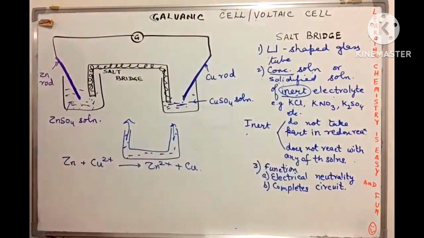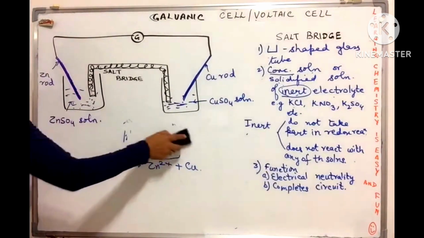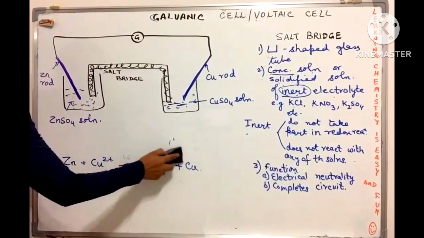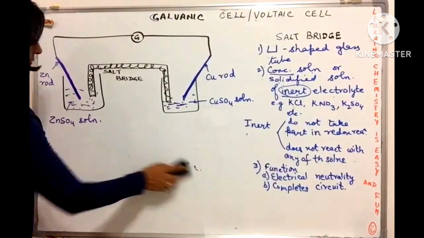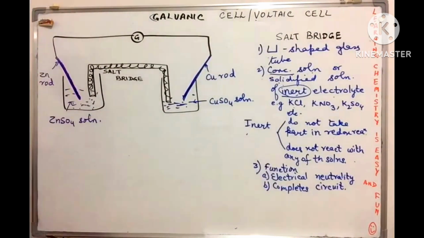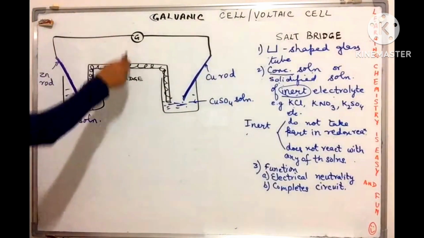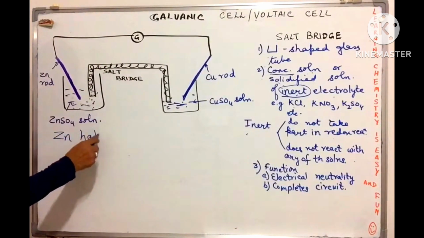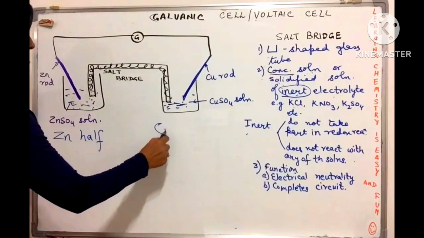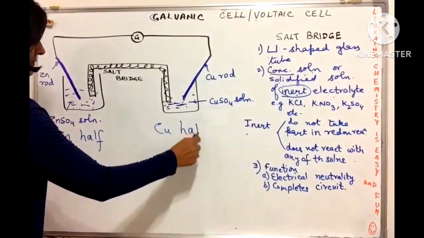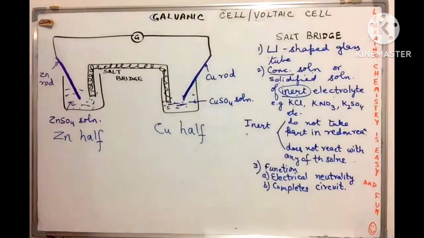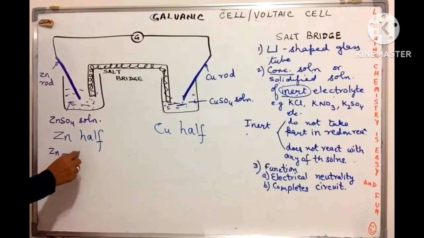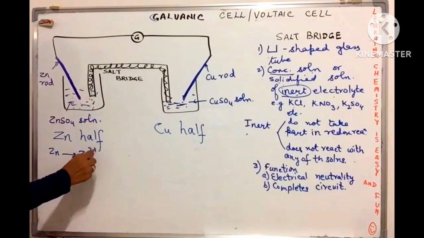How does a salt bridge function? What is the role played by a salt bridge? As we said, it acts as a bridge between the two halves of the cell. What are these two halves? This galvanic cell is made up of two halves, the zinc half and the copper half. In the zinc half, zinc is getting converted into zinc ions.